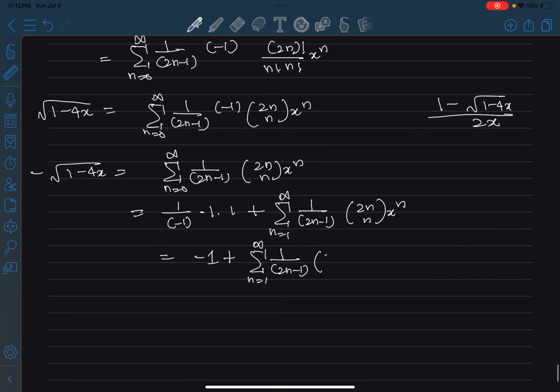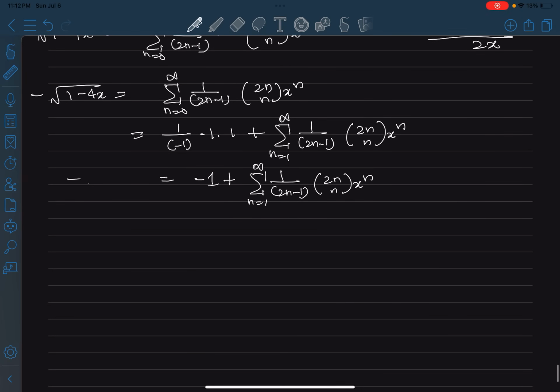The fact that the first term was just negative 1 is actually helpful, right? Because if I add 1 to both sides, the negative 1 is going to cancel out, and we have the sum from n equals 1 to infinity of 1/(2n-1) times (2n choose n) x^n, right?